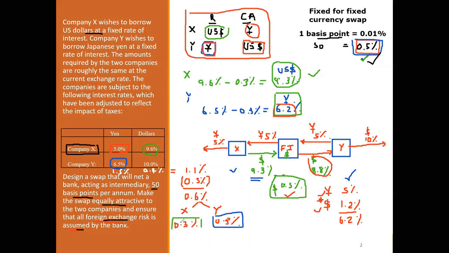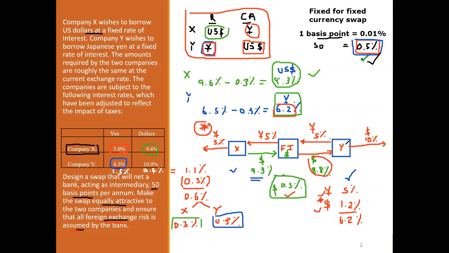Here one of the students is asking why we are receiving only 8.8% in this case. Under the assumption that I took, this is not the answer for the question asked here. The answer that I derived later is based on the assumption that Y bears all the foreign exchange risk.